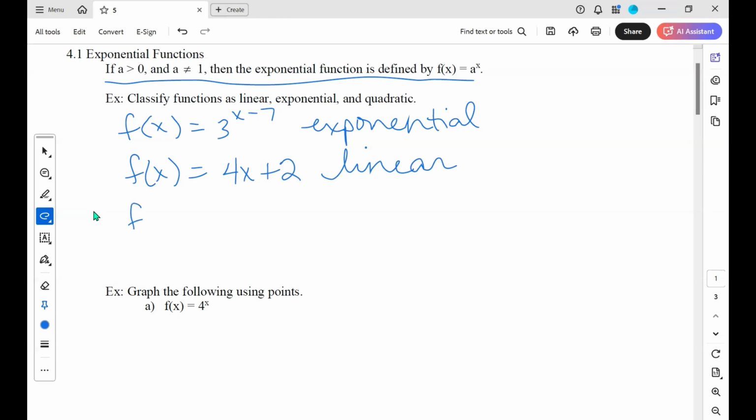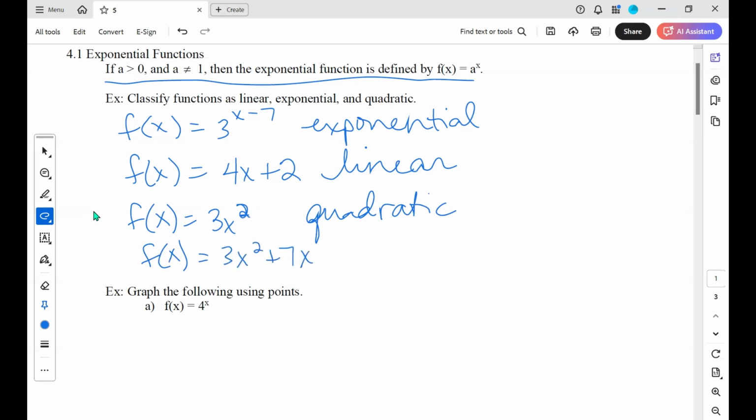And then we have a quadratic, which we've already talked about, but we have a quadratic when we have an x squared term. So if we just have 3x squared, this is a quadratic. Now keep in mind that a quadratic could also be written as f of x equals 3x squared plus 7x plus 5, something along those lines.